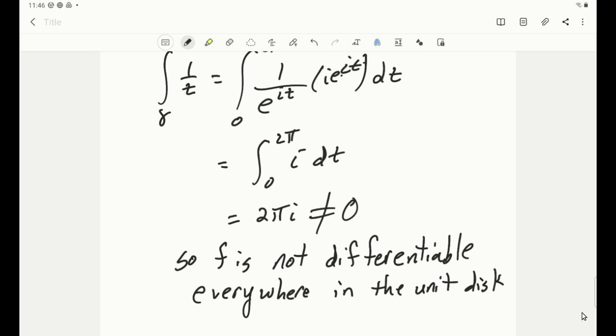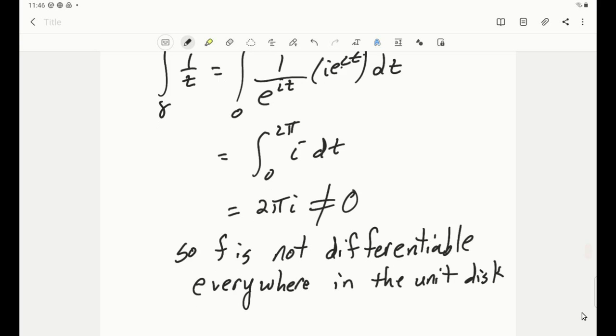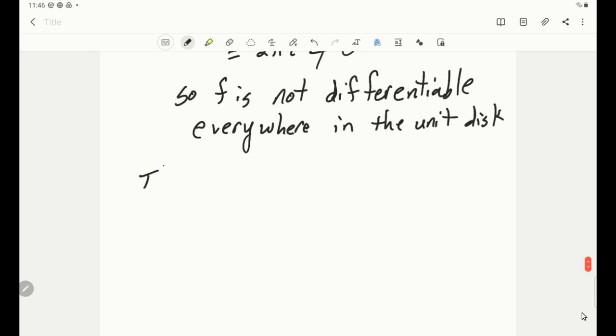And we're just about there then. So theorem 4.15.